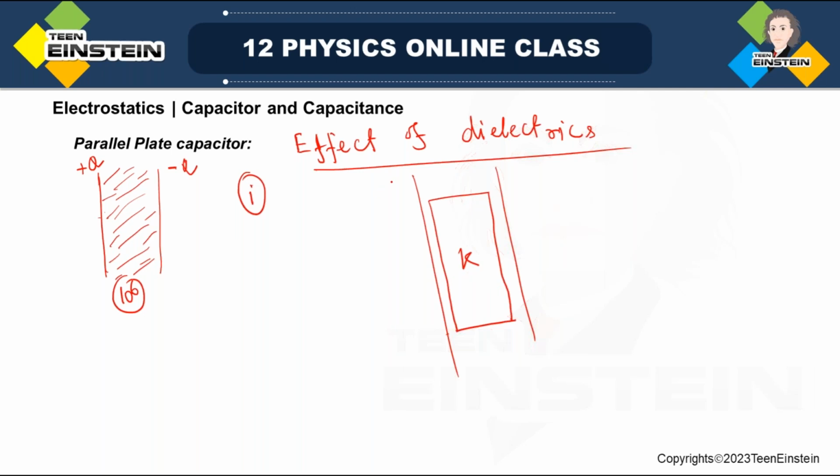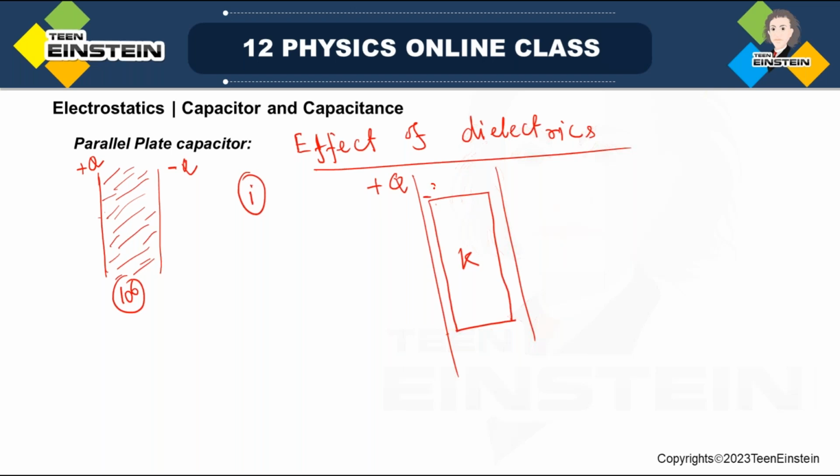When the plate of the capacitor is given positive charge, this front part of the dielectric material will gain induced charges, which will be negative, obviously.